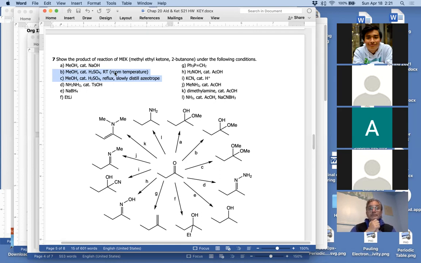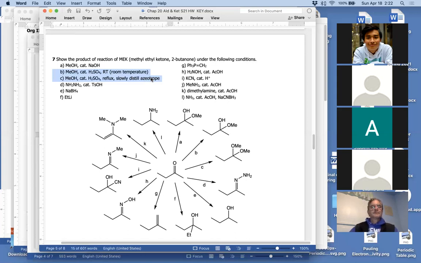I mean, what I did in my mechanism was I had an OH group protonated by H2SO4. Oh yeah, you can draw a mechanism at room temperature, but that doesn't mean it'll go. But again, this is intended to be a pair, so what's the difference? One has reflux. Yeah, well, the big difference is you're removing water. That's the hint.